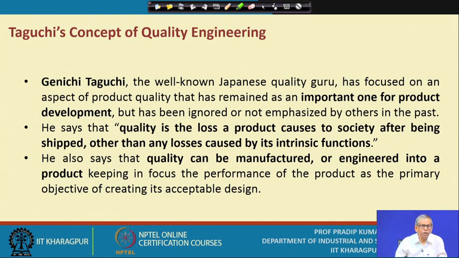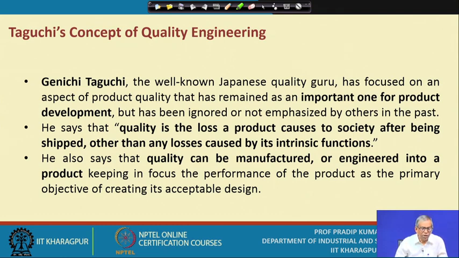So, if against a particular product which you have designed, you can measure its loss, and you say that I have designed a product, the loss is minimum, and that is why the quality is acceptable or the quality is very high. So, this is the basic issue.